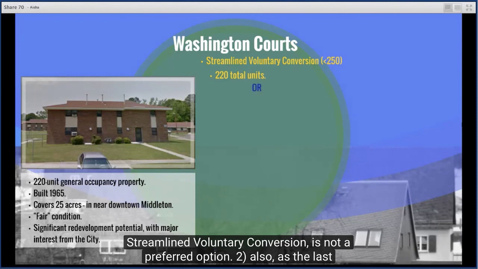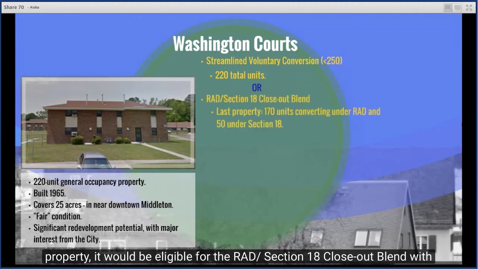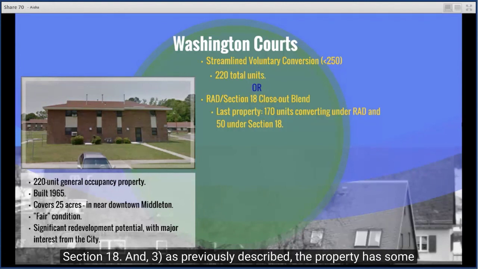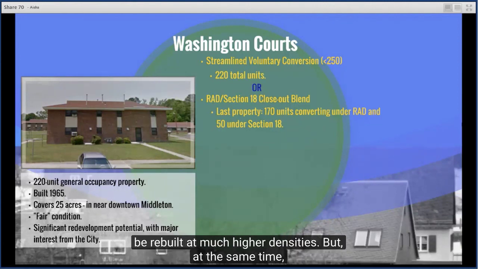Second, also as the last property, it would be eligible for the RAD Section 18 closeout blend, with 170 units converting under RAD and 50 converting under Section 18. And third, as previously described, the property has some potential for redevelopment. It's a large site near the downtown that likely could be rebuilt at much higher densities.